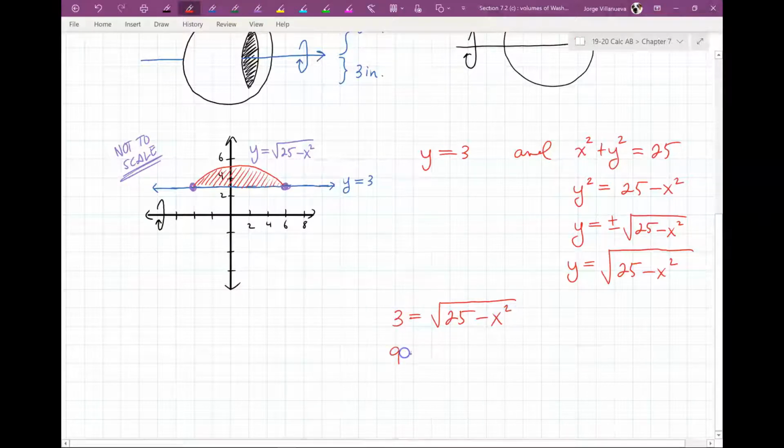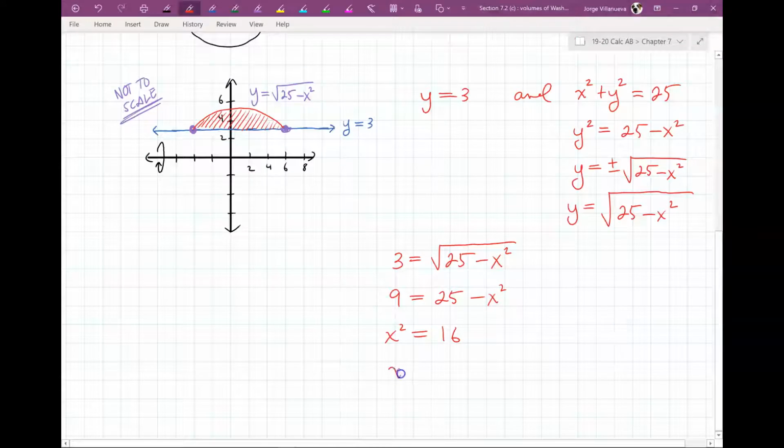Now I'll square both sides. And I'll move numbers around here. So x would have to be plus or minus 4. So that's good. We know that our intercepts occur at positive and -4. So a would be -4, b would be +4.